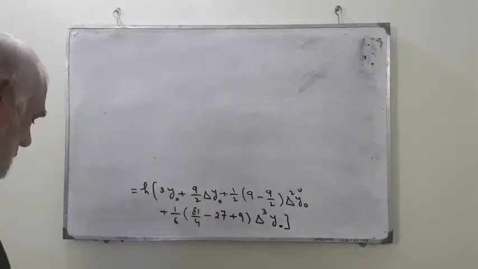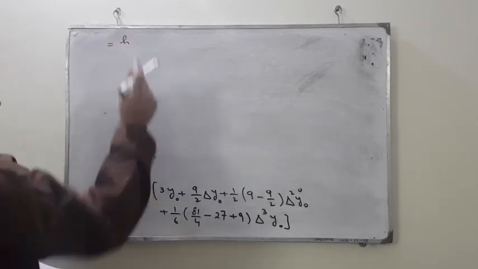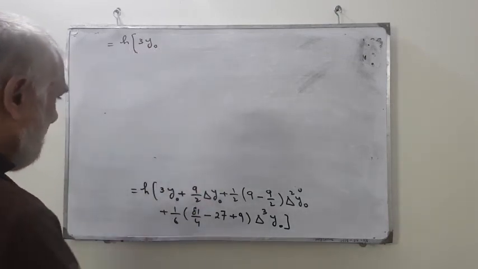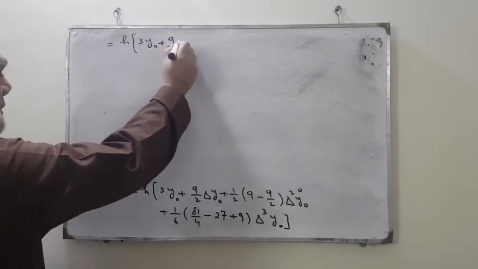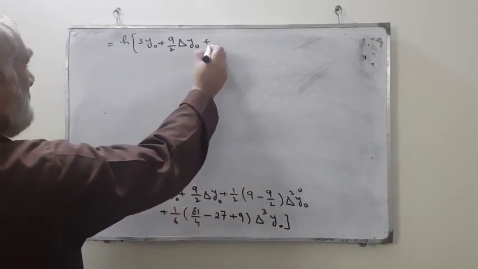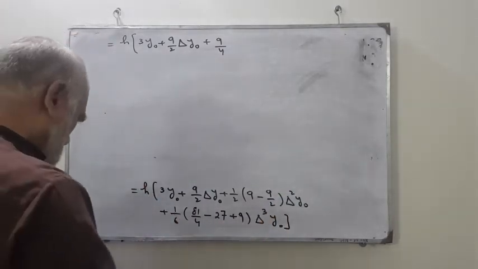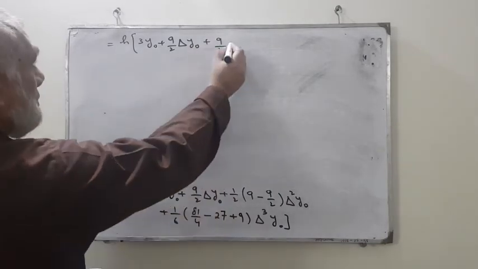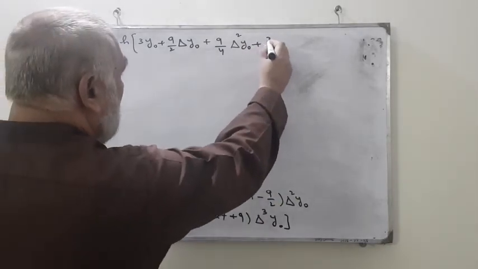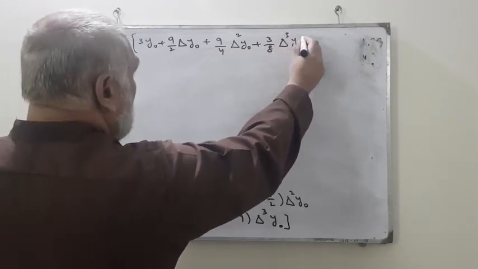The result takes the form: h outside always there, 3y0 plus 9 by 2 delta y0, from here we get plus 9 by 4 delta 2 y0, and on simplifying this we get plus 3 by 8 and outside there is delta 3 y0.